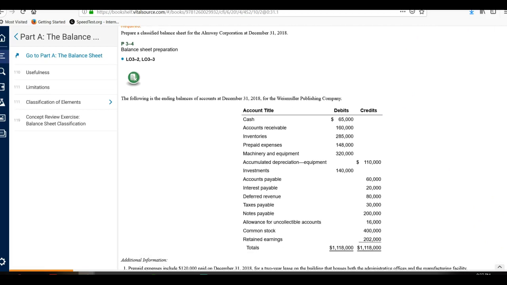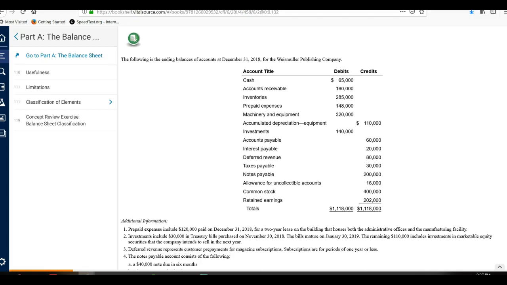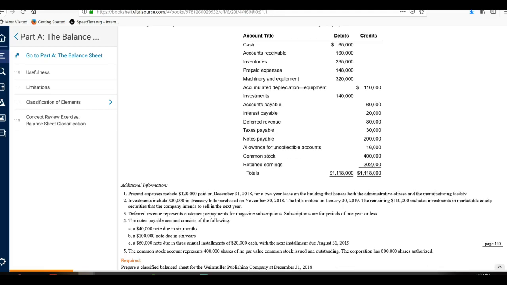As you see here, the following are the ending balances of accounts at December 31st, 2018 for the Weissmuller Publishing Company. It gives us various assets, some liabilities, and then gives us additional information.